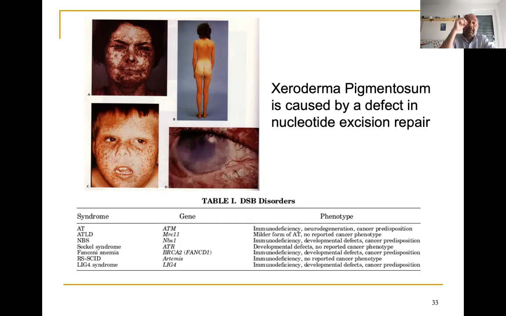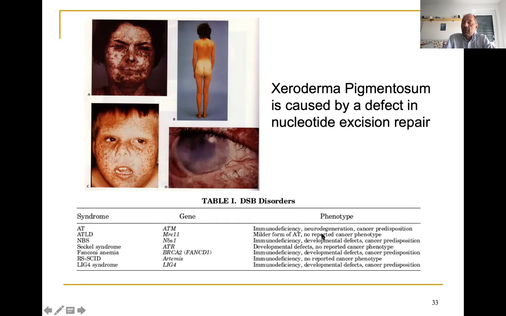You see here a number of, fortunately, much more rare diseases involving different genes. Ataxia telangiectasia is probably the most famous because the gene responsible for ataxia telangiectasia is probably the most important gene in DNA repair, the ATM. Most important, it's the first in the chain. And you see the phenotype is very bad.